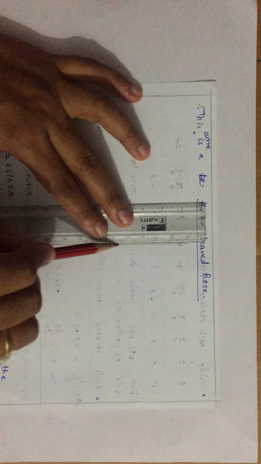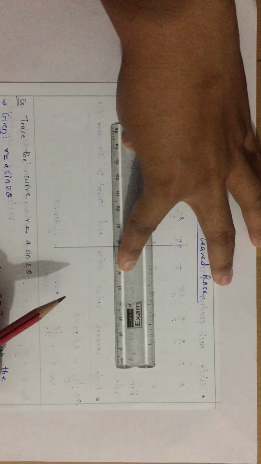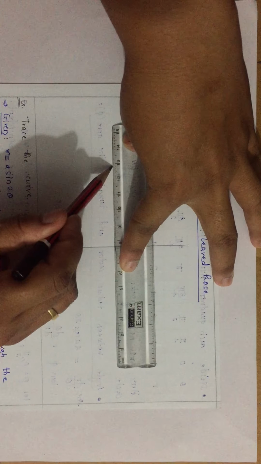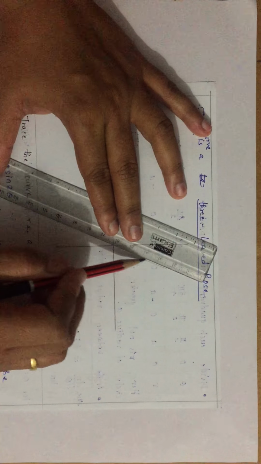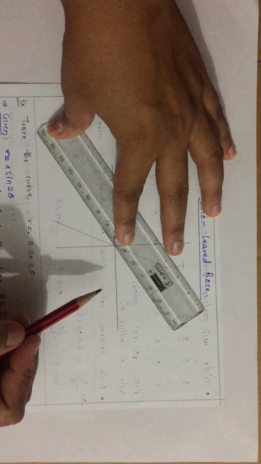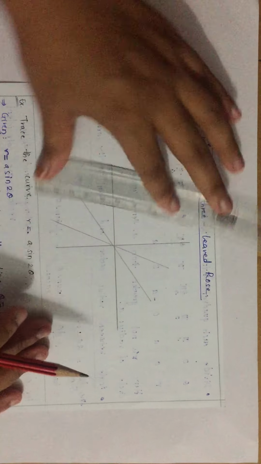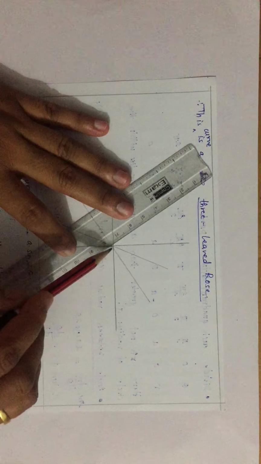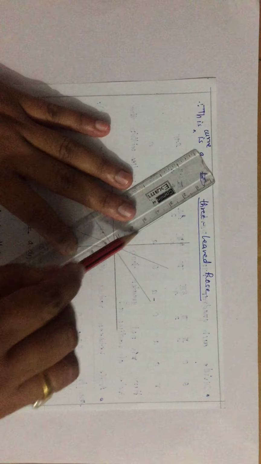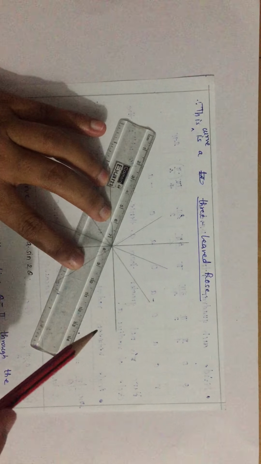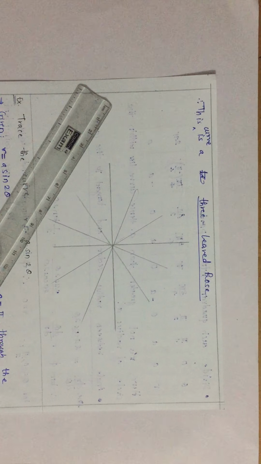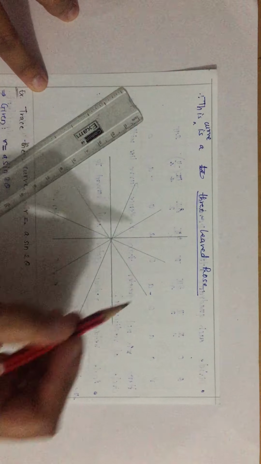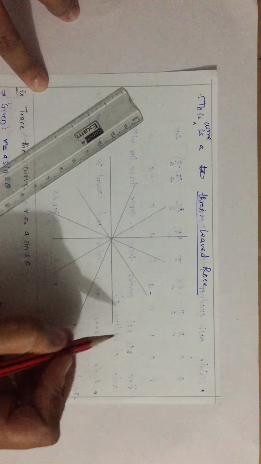Make sure that these are equal parts. Okay, now once we have divided, what are these?